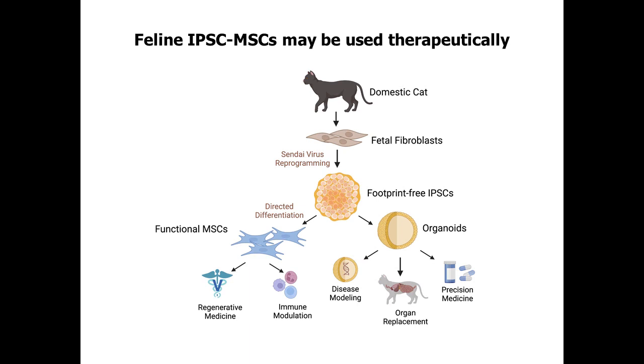We have feline iPSCs, which are well characterized, and differentiated iPSC-generated MSCs, which are also well characterized. We are going to use these MSCs for regenerative medicine and immunomodulatory studies. In the long run, we are going to use these iPSCs to generate feline intestinal organoids to use as an in vitro model to support feline coronavirus infection.